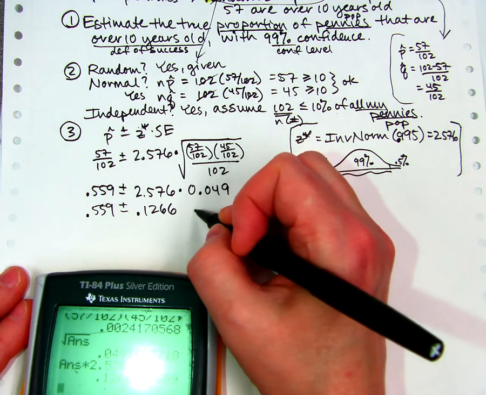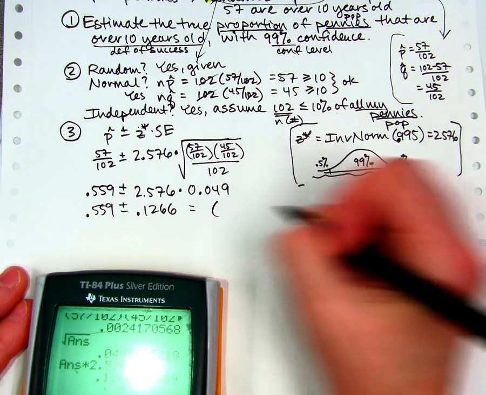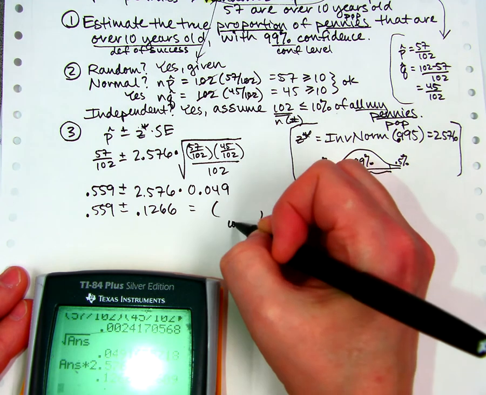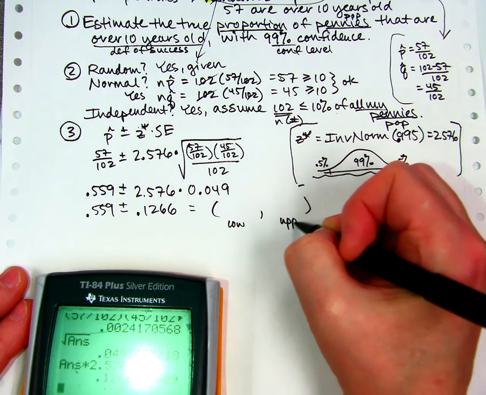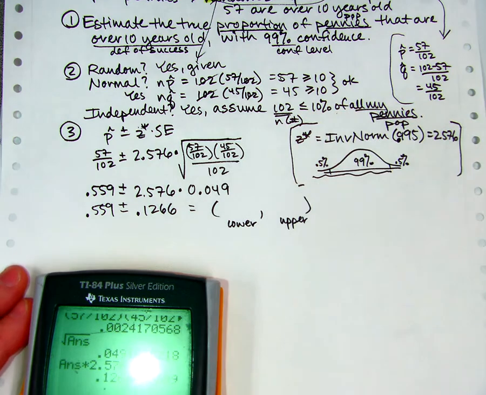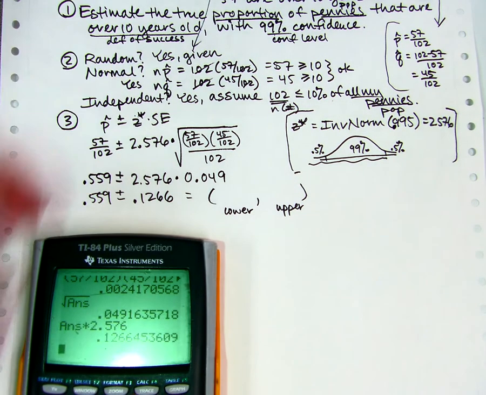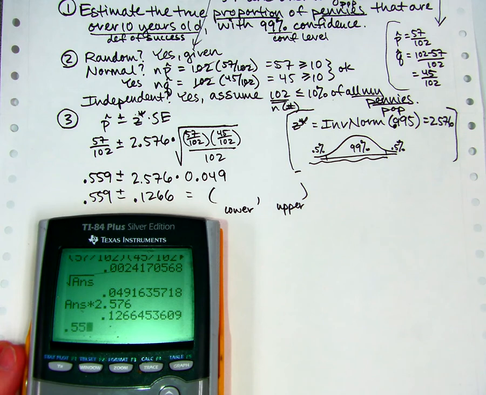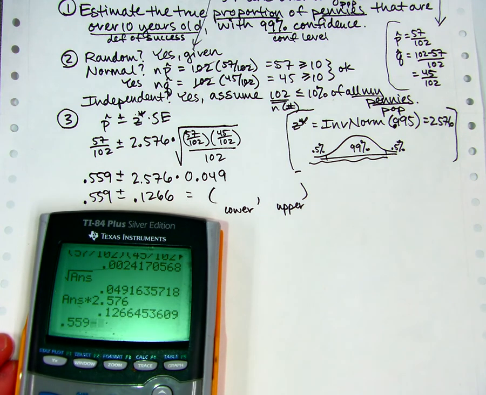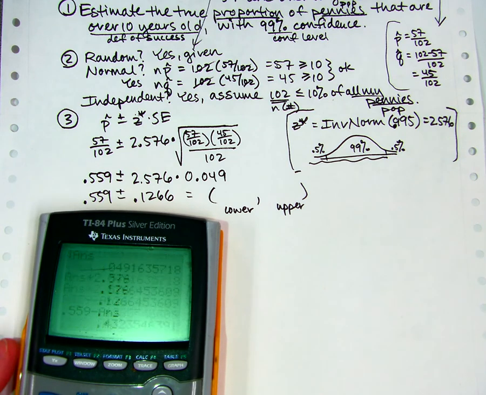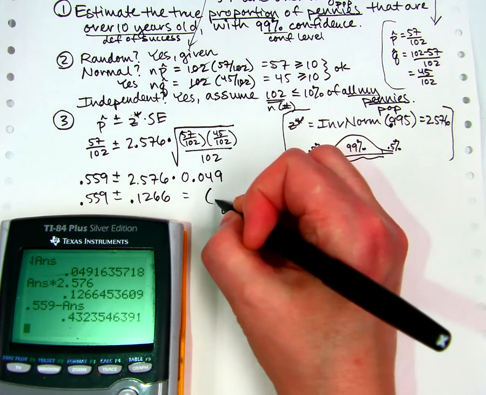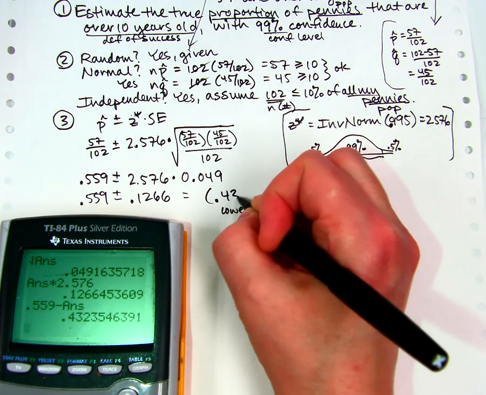And then I'm going to change this into an interval. So remember, I want my lower bound and my upper bound. Here's a tricky thing. Subtract first and then add. If you do it backwards, I'll get annoyed. Minus that margin of error that I just had. And this time I'm going to round it to 3 decimal places. So 0.432.